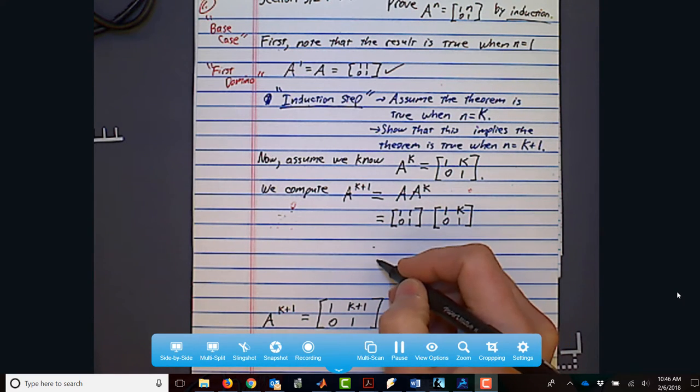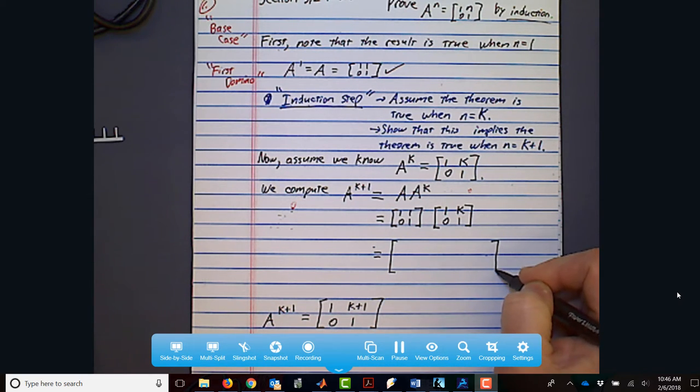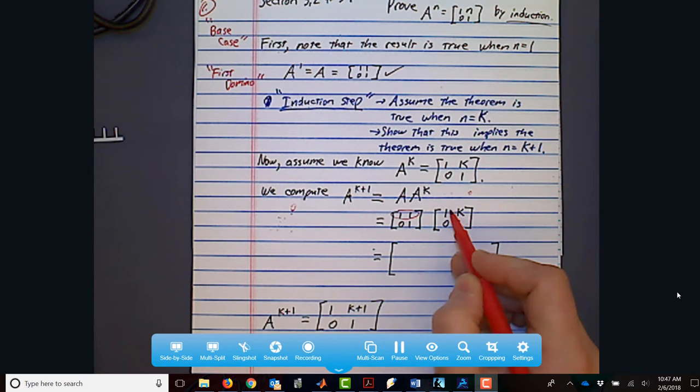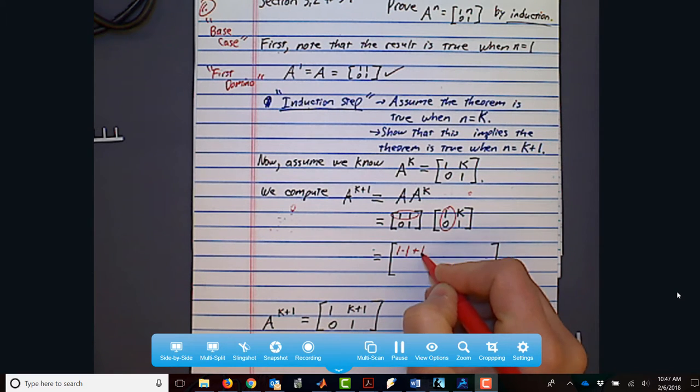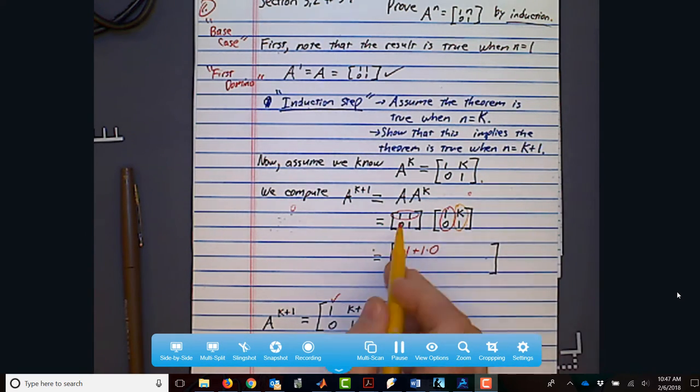So I'm going to work out what these dot products are, right? So the first dot product comes from row 1 and column 1. So this is going to be 1 times 1 plus 1 times 0, which equals 1. So we got the first piece. You guys with me? Second piece, I'll do row 1 times the second column, right?